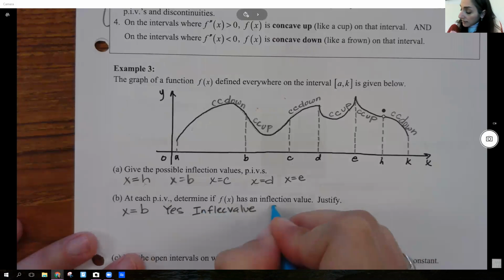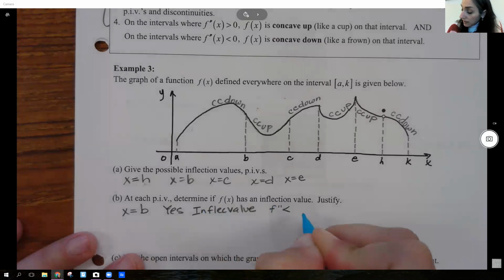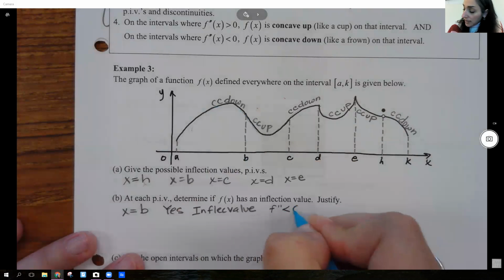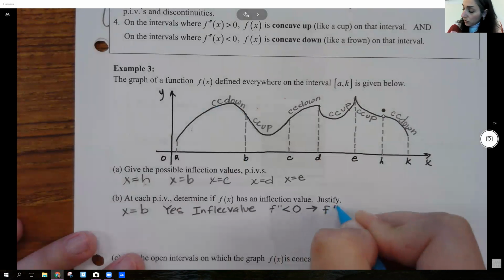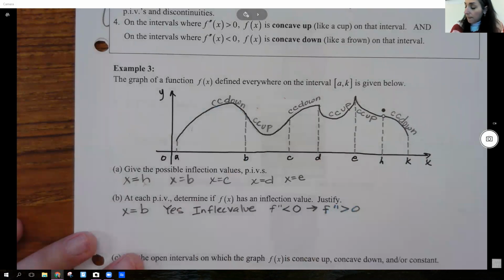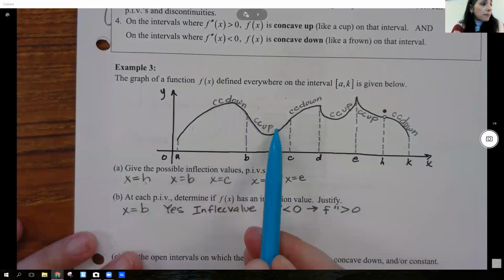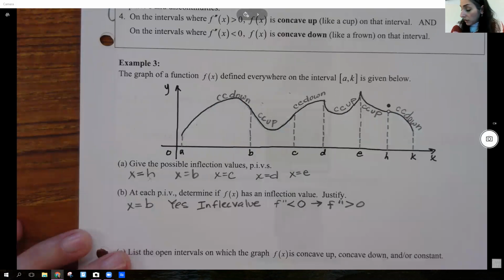Why? Because the second derivative is, let's see, concave down. Concave down means the second derivative is negative and then goes to positive. Goes from concave down to concave up. So therefore it is an inflection value.